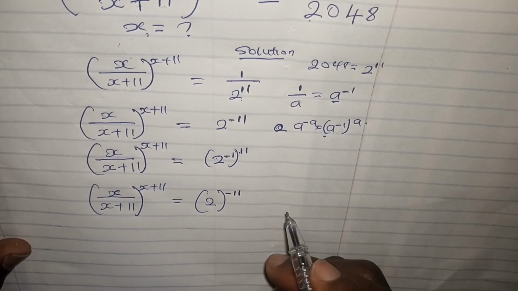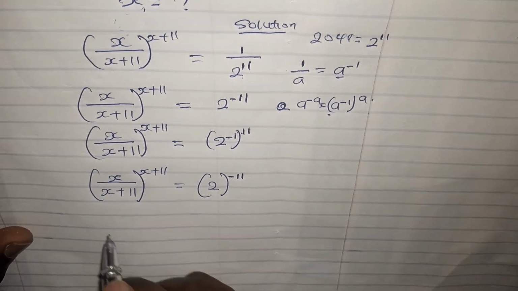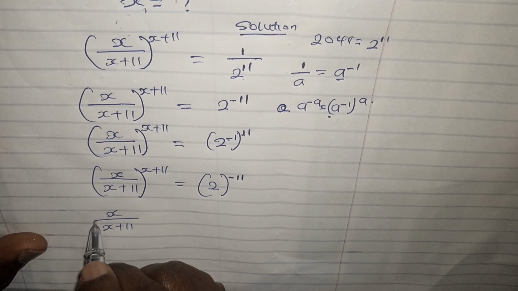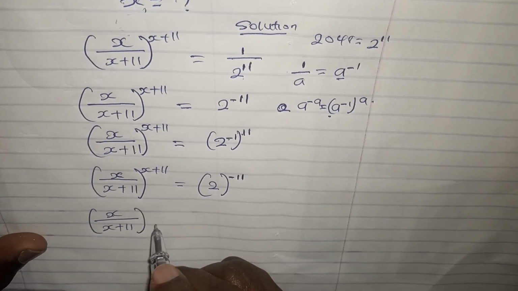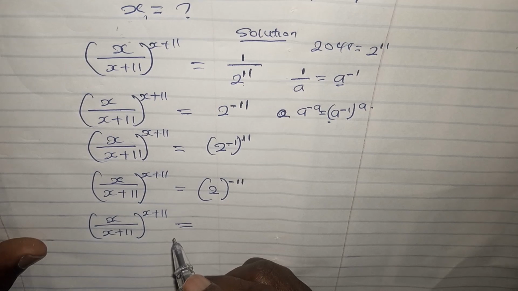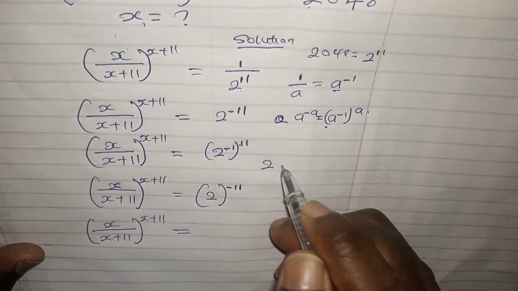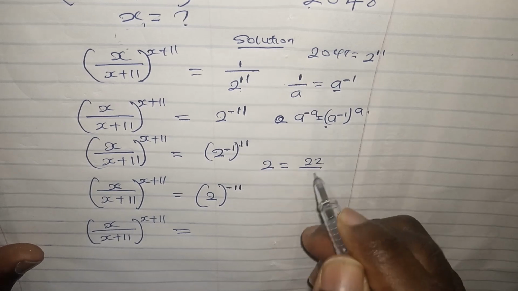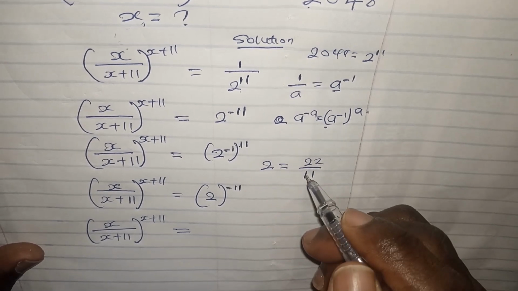So we've done this, so what are we going to do next? We can simply write (x over x plus 11) all to the power of x plus 11 is equal to, recall, 2 is also equal to 22 divided by 11.